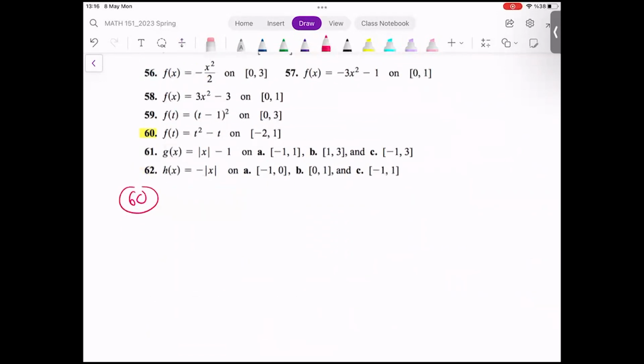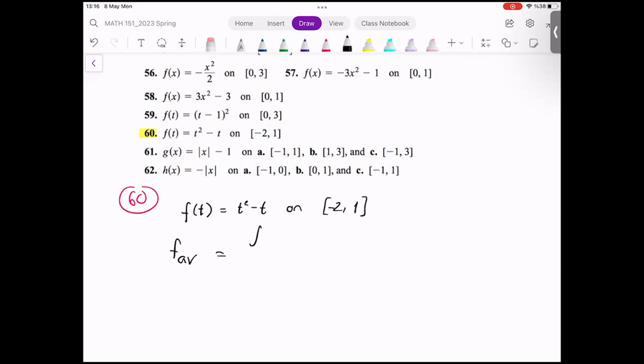This is a straightforward question, okay? F of x is x squared minus f of t. T is the variable. F of t is t squared minus t. And the interval is given from -2 to 1. And we want to compute f average.